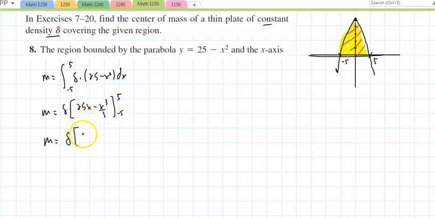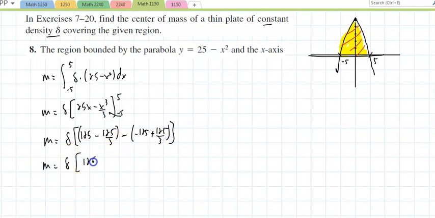So 25 times 5, that is 125 minus 125 over 3, and minus the value at negative 5, which is negative 125 minus negative 125 over 3, a plus when you put the negative in. So m turns out to be density times 125 plus 125 minus 125 over 3 plus 125 over 3.